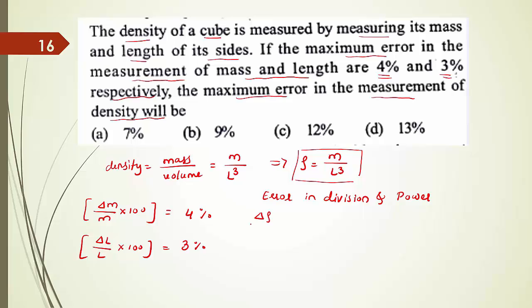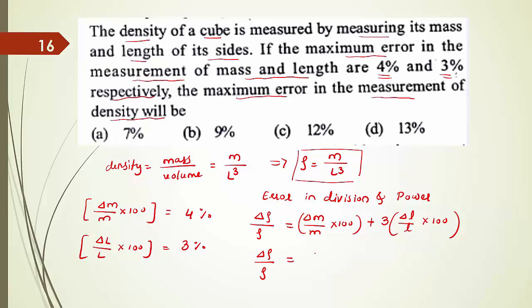Here we can write delta rho over rho is equal to, error in division, delta m over m into 100 plus, L cubed being the exponential form, 3 into delta L over L into 100. Now easily you can substitute the values.